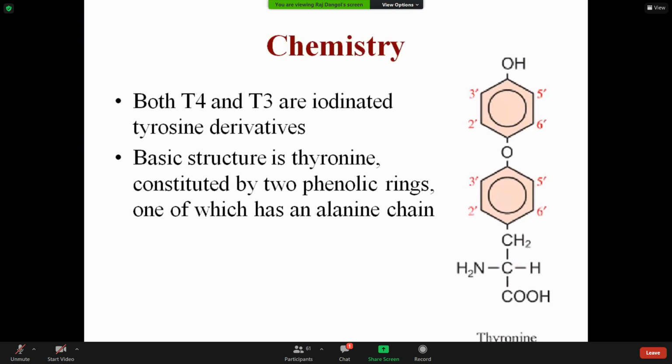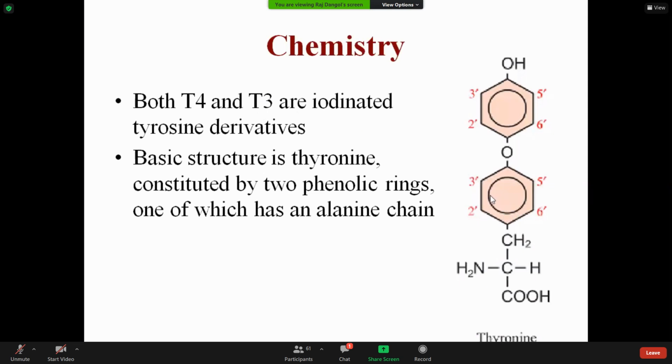The basic structure of this thyroid hormone is thyronine, and this thyronine is made up of two phenyl rings. Among them, one is combined with an alanine chain. And on this thyronine, iodine is bound to form T4 and T3.